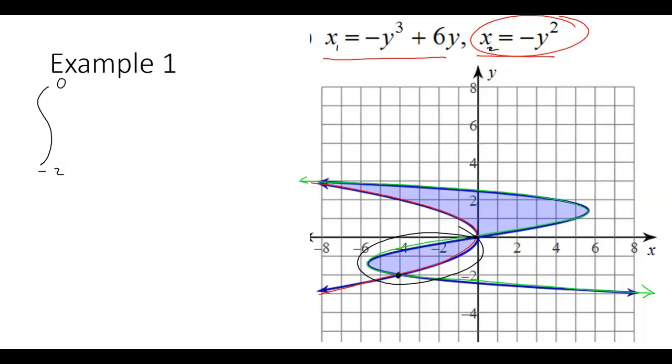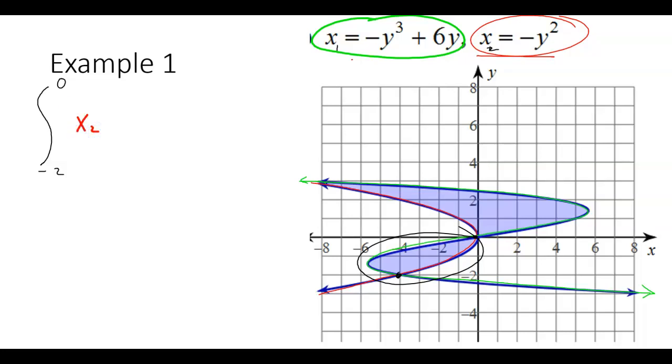In this case, my red line is the one that's farther to the right. In other words, the squared one. So that's going to be x2, the red one.